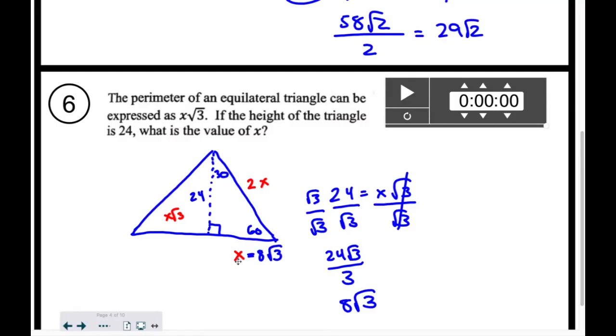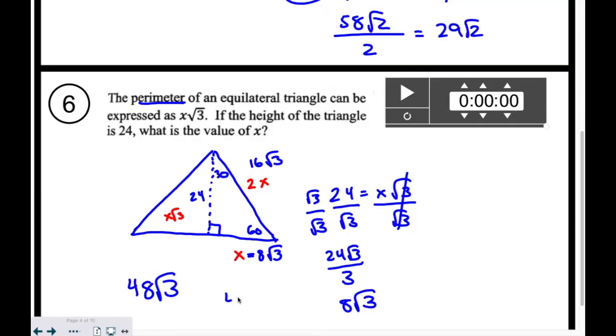You could figure this out a couple of different ways. If I know x is 8 root 3, then 2x is going to be 16 root 3, and that's one of the side lengths. So the perimeter is going to be 3 of those, which is 48 root 3. They're saying that's expressed as x root 3, so they really just want the number in front of the square root.